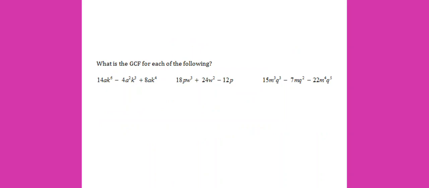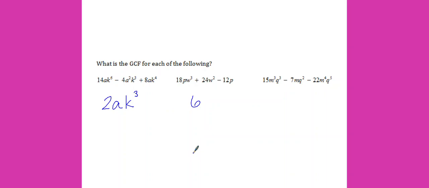All right, time to check your answers. For 14ak to the 6th minus 4a squared k cubed plus 8ak to the 4th, your GCF would be 2ak cubed. For 18pw cubed plus 24w squared minus 12p, your GCF would be 6.